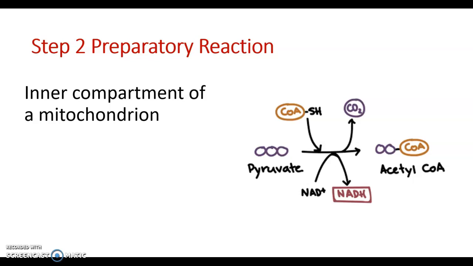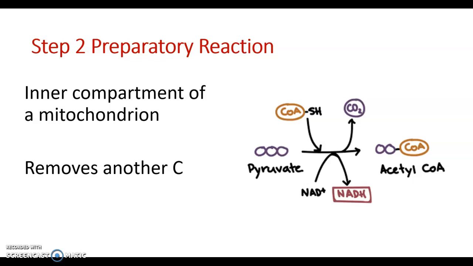And it uses each one of those carbons to create a molecule of carbon dioxide. The 2-carbon molecule that's left over is called the acetyl group, and that binds to coenzyme A to form the molecule acetyl-CoA. And that acetyl-CoA is the product that is shipped to the next step, the citric acid cycle.